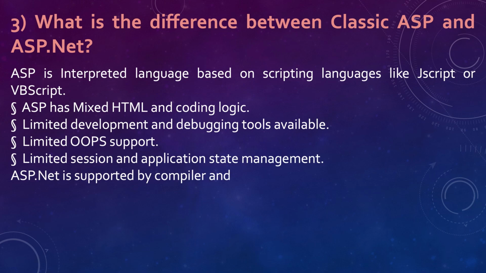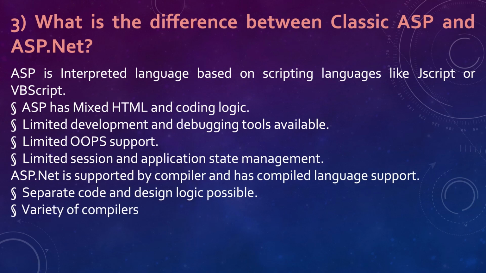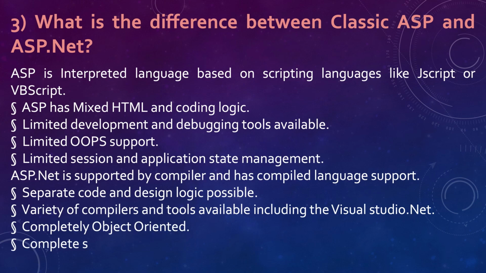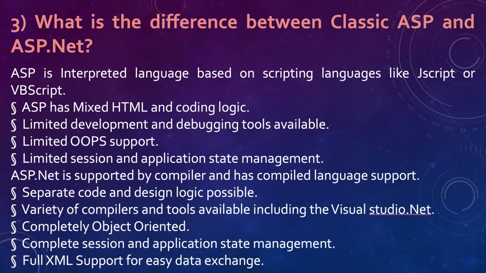ASP.NET is supported by a compiler and has compiled language support. Separate code and design logic is possible, with a variety of compilers and tools available including Visual Studio.NET. It is completely object oriented, has complete session and application state management, and full XML support for easy data exchange.